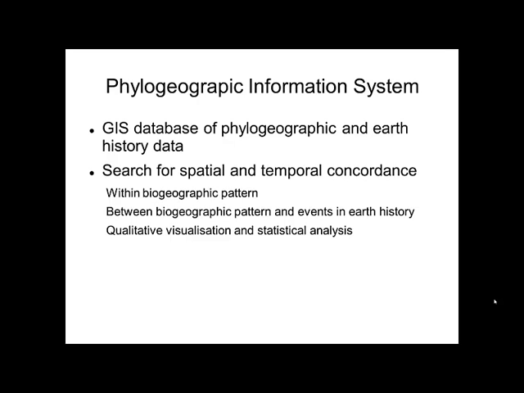And the only way to do that, it's like doing a 3-dimensional or 4-dimensional jigsaw puzzle where you've lost half the pieces. In the past, people have tried to basically do sums, so they have trees and they have geography and they try and do a mathematical analysis to try and calculate history.